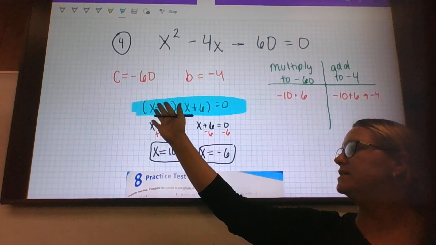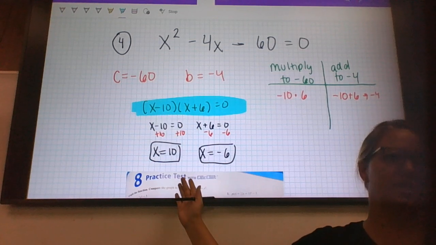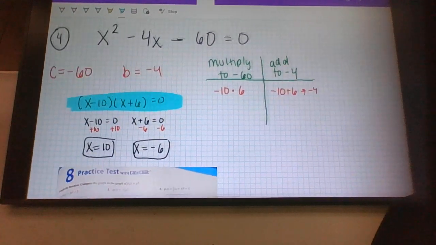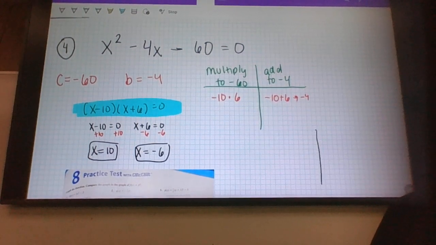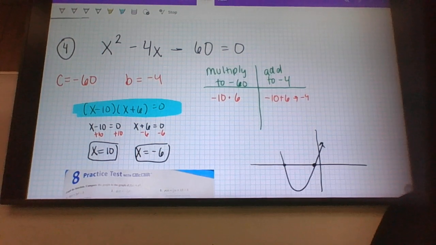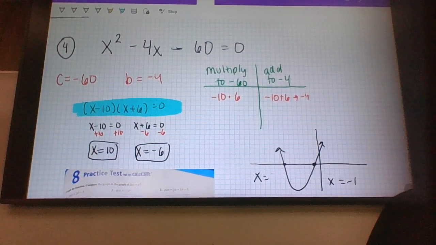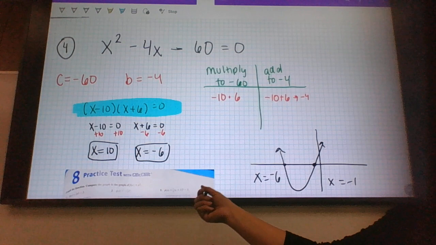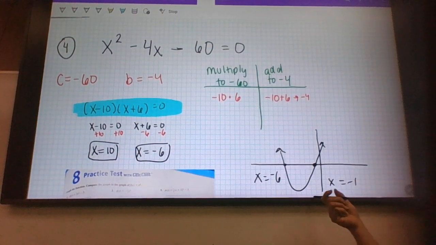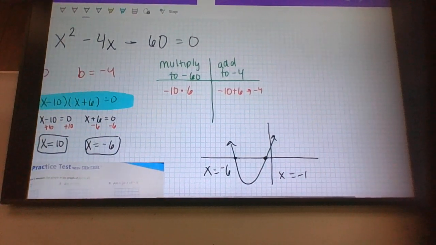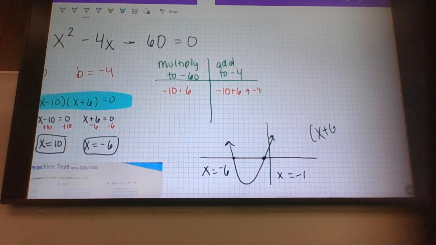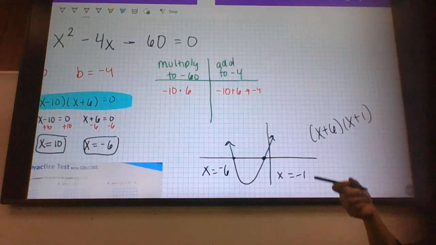The sign in parentheses is opposite the sign of the intercepts. Sometimes you'll be asked, if these are the zeros, what will the factors be? Like x equals negative 1 and x equals negative 6. They would say, write the function. And in the parentheses, it would be plus 6 and plus 1, because the signs change back and forth.